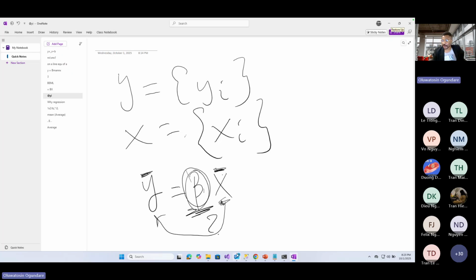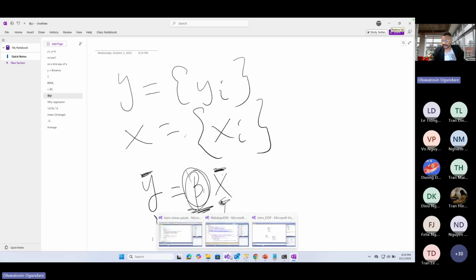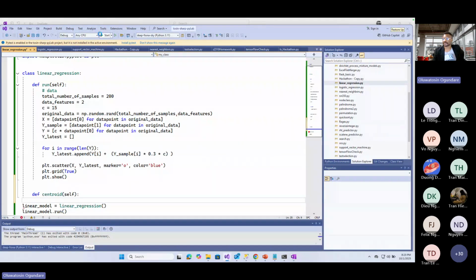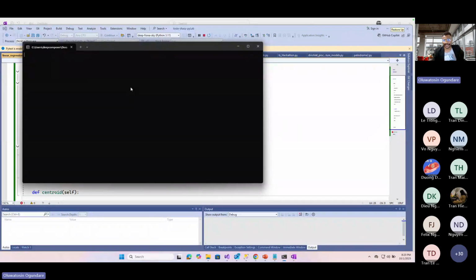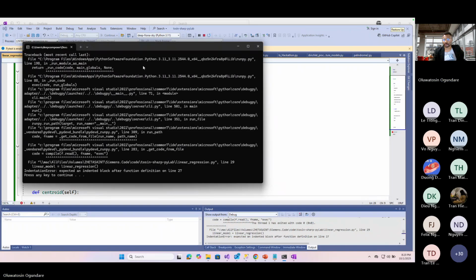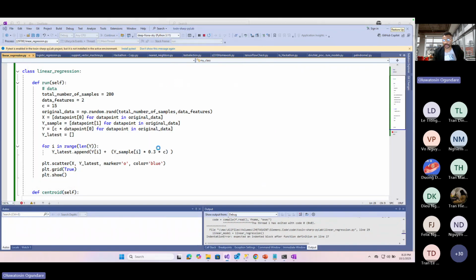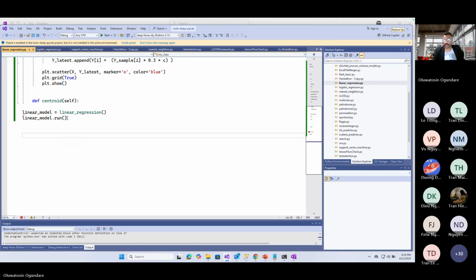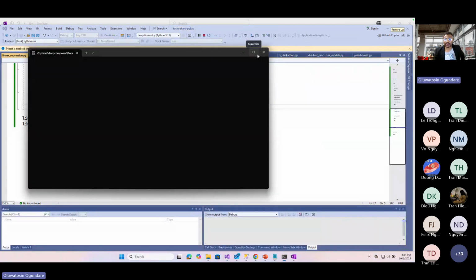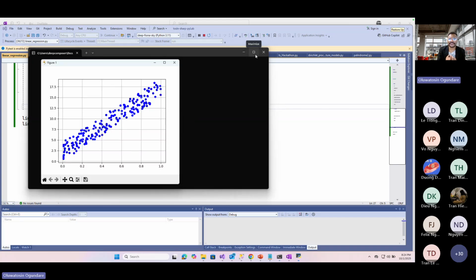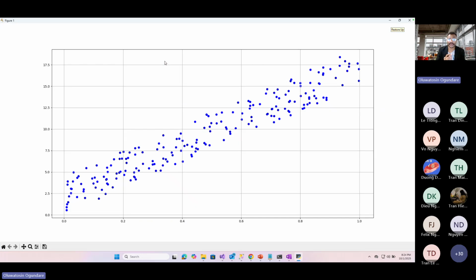So when we go to our pretty picture and we run our code, the line that we want to put through this data set, we calculate it not based on the individual data points themselves, because that's not what we're regressing.